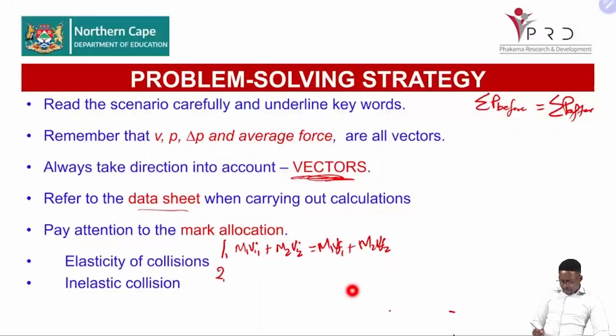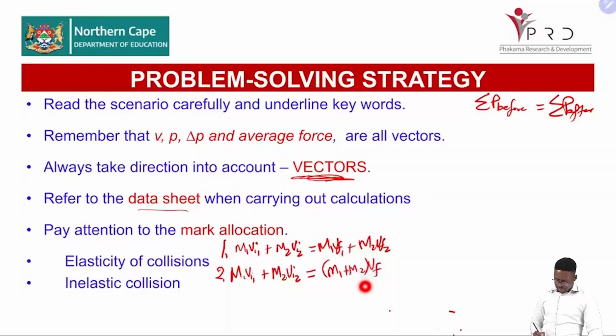If it's scenario number 2, separate, collide, and join together. Then we are saying initially they were separated, M1 with the initial velocity 1, plus M2 with the initial velocity 2. They collide and join together, M1 plus M2, all with the same final velocity.